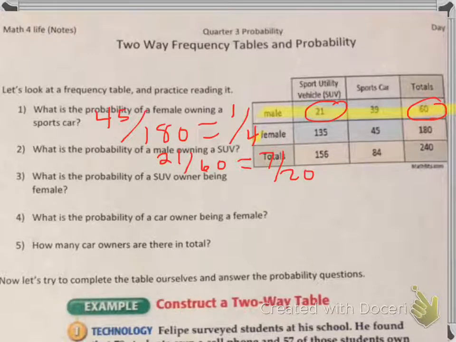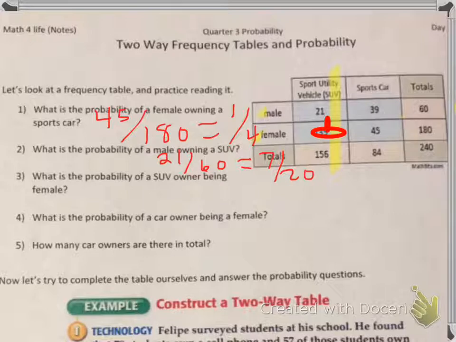Number 3 says, what is the probability of an SUV owner being female? This time we're going to be looking at the SUV owners, so sports utility owners are down this column right here. What's the probability of an SUV owner being female? Well, here's the female column right here.